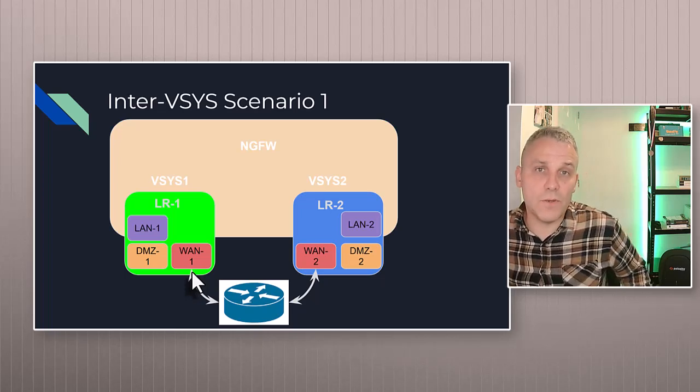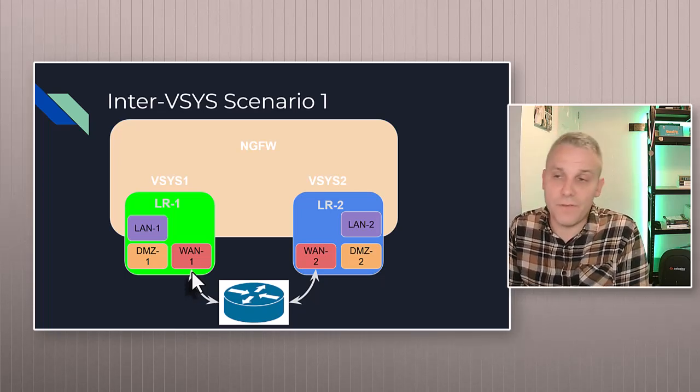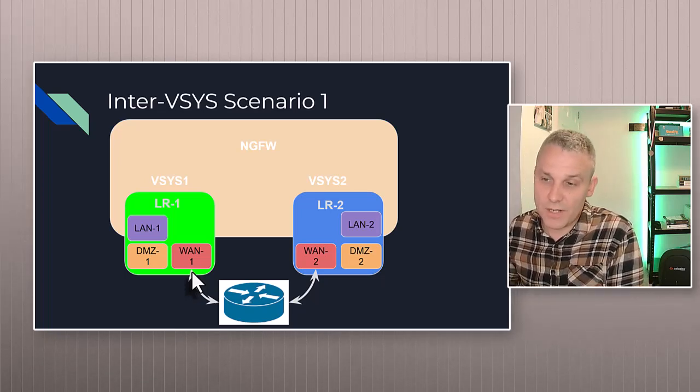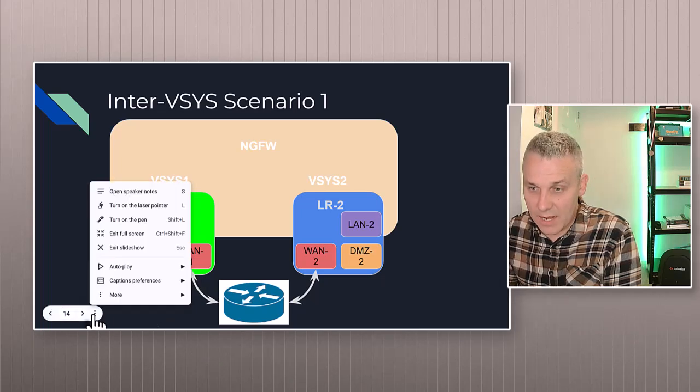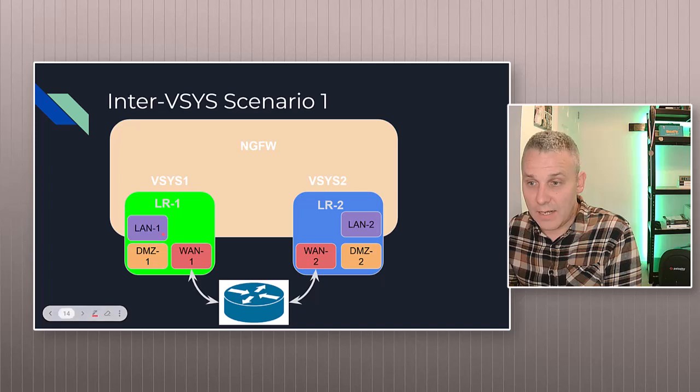Now we're going to look at a couple of scenarios, and I'm going to go through the configuration and what they look like. The first scenario we're going to look at is routing traffic out of the firewall and into the other virtual system.